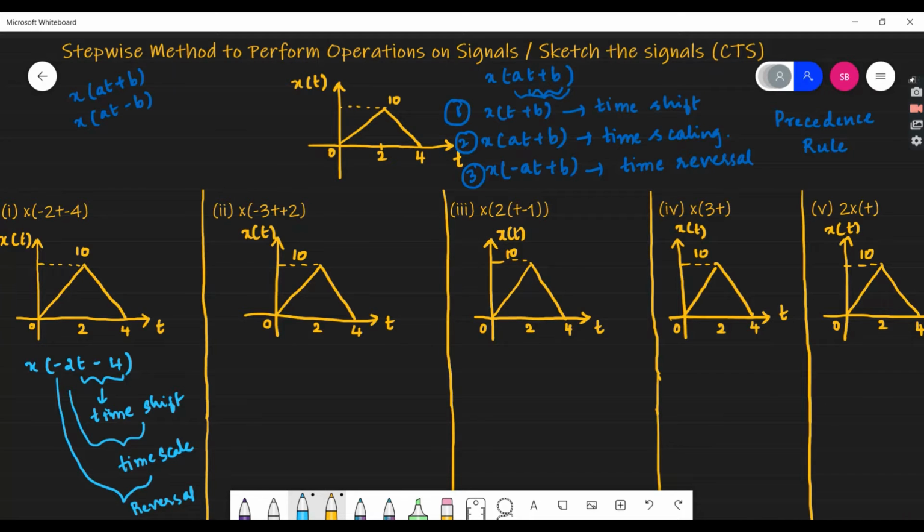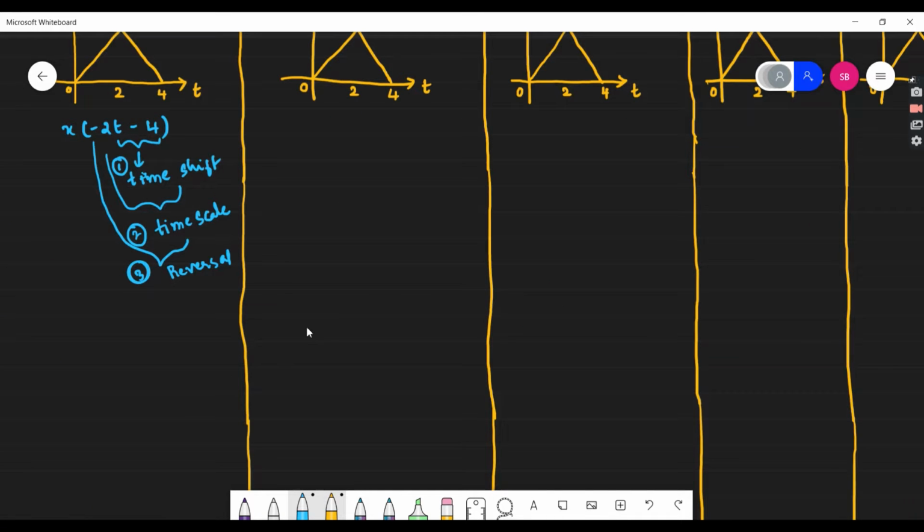So first we perform time shift, then time scale, and finally time reversal according to the precedence rule. Let us start solving the example, first with the time shift.